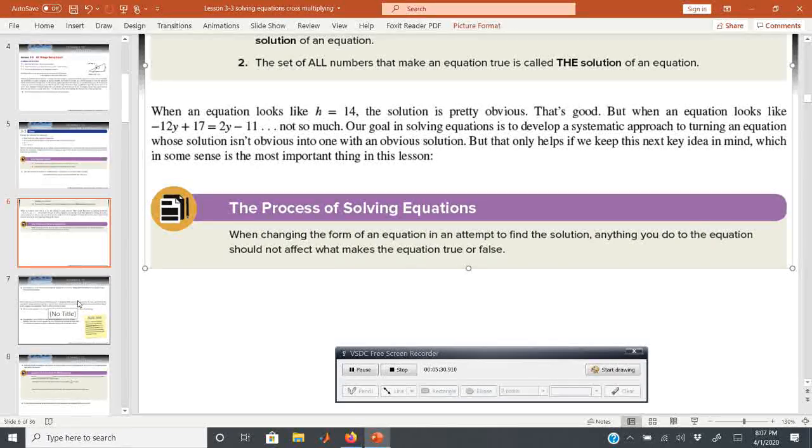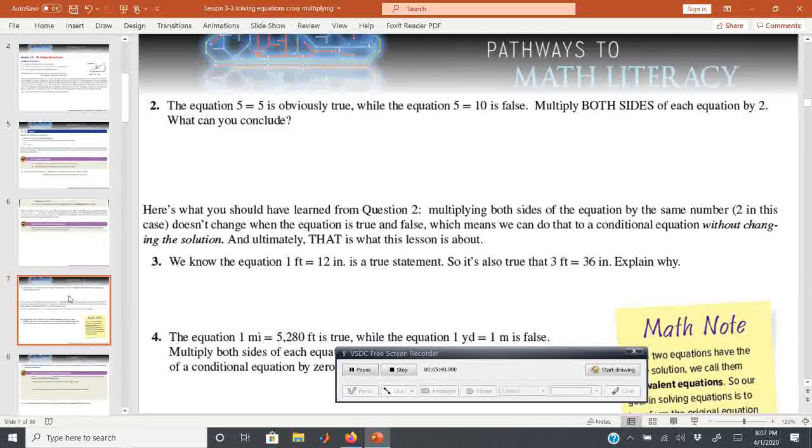We can change things in mathematics, but we don't want to change the fundamental outcome. We change equations to make them easier, but we don't want to get a different number when we are done. We want to find a solution that works in the original equation. So that's the process of solving equations.